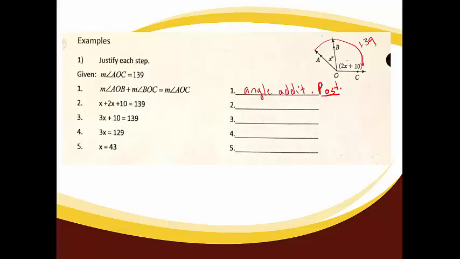If I look at step 2, I want to figure out what they did in step 1 to get to step 2. Instead of writing angle AOB, they replaced it with x. And instead of writing BOC, they replaced it with 2x plus 10. So another word for either plugging in or replacing is substitution.